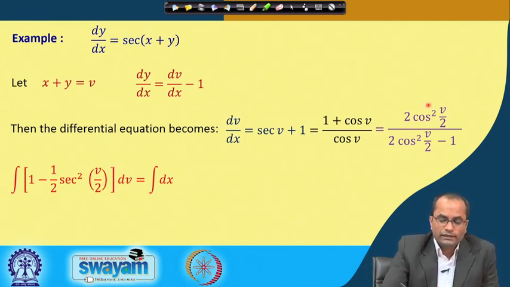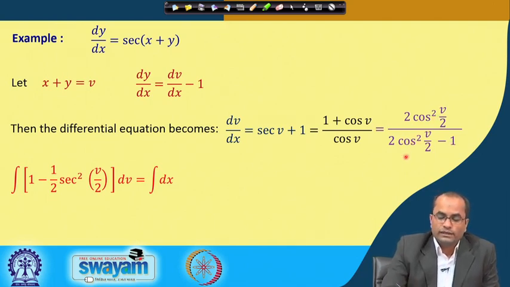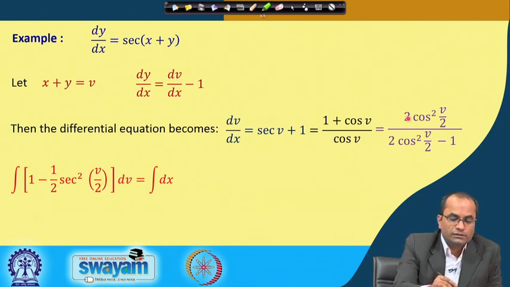What are we getting on the left hand side? Reversing the order, we have 2 cos square v by 2 minus 1 divided by 2 cos square v by 2. Let us just check here.